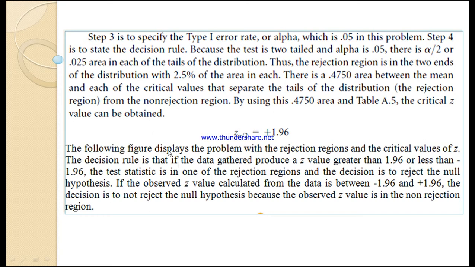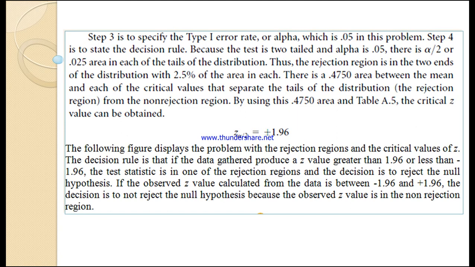And we can also display the problem with the rejection regions and the critical value of Z. Therefore, the decision rule is that if the data gathered from a sample results in a Z value greater than 1.96 or less than negative 1.96, the test statistic is in one of the rejection regions, and the decision is to reject the null hypothesis.